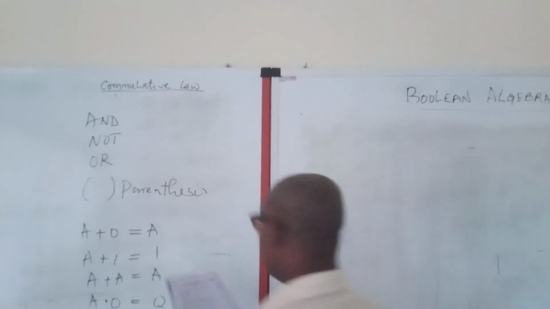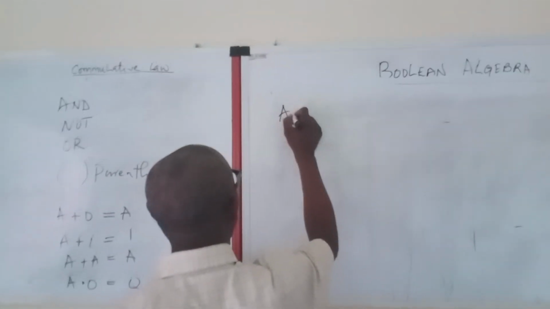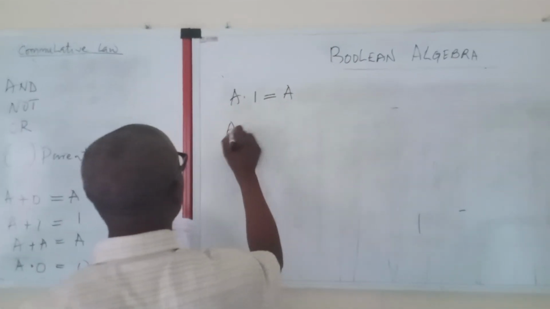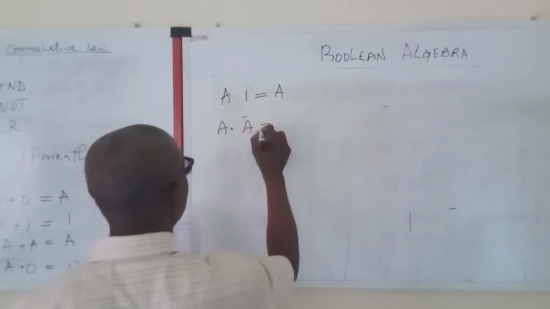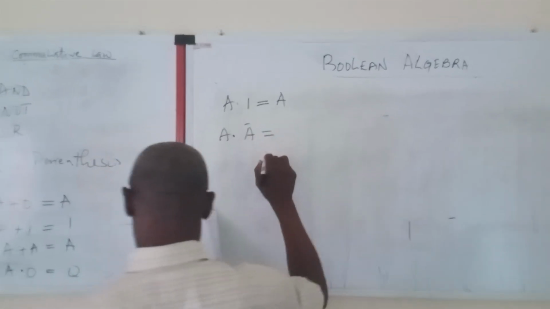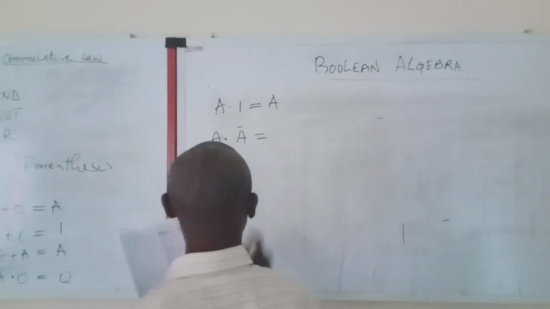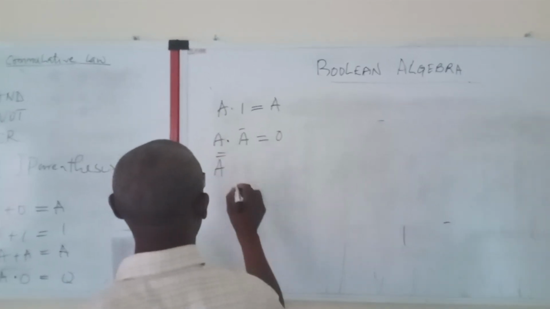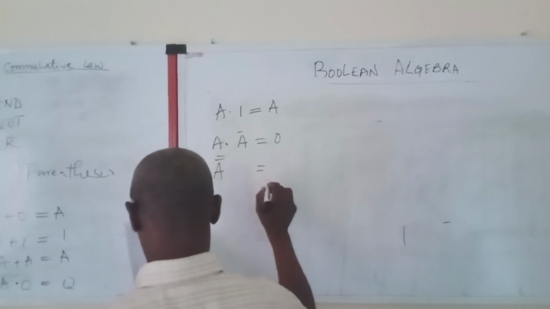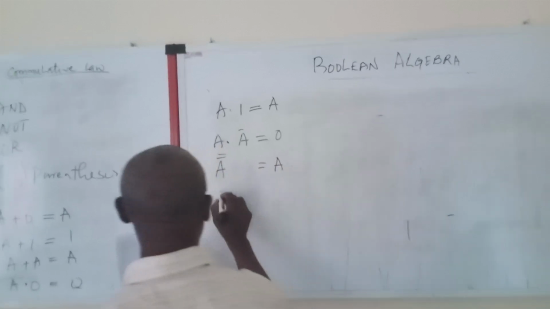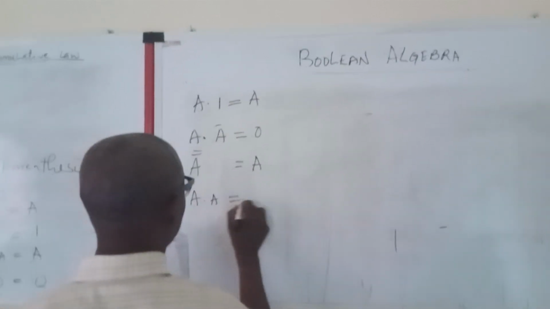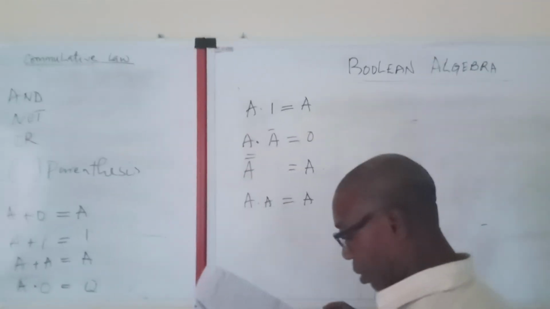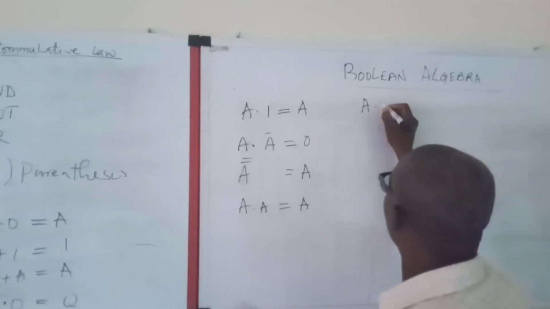We saw how we use A and 1 to give us A. A dot A bar, the negation, gives us 0. A double negation gives us A. A dot A gives us A.